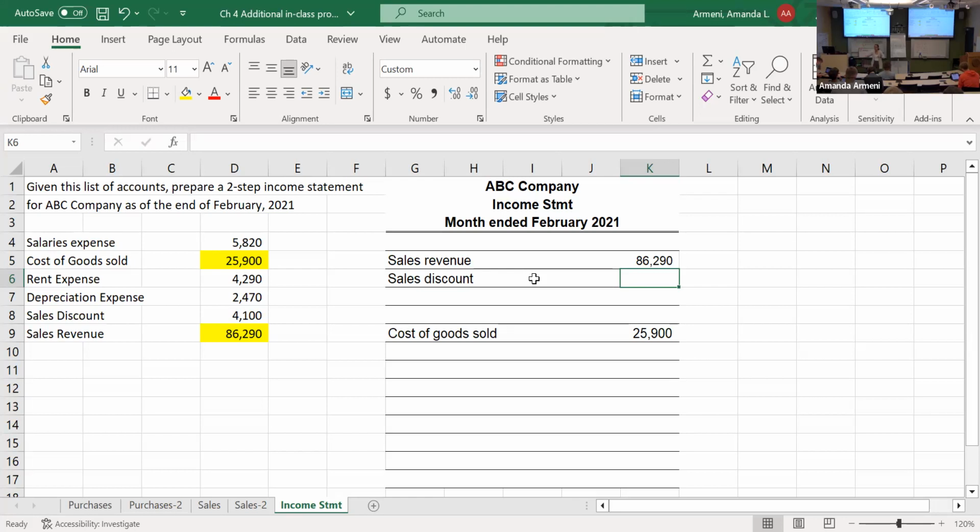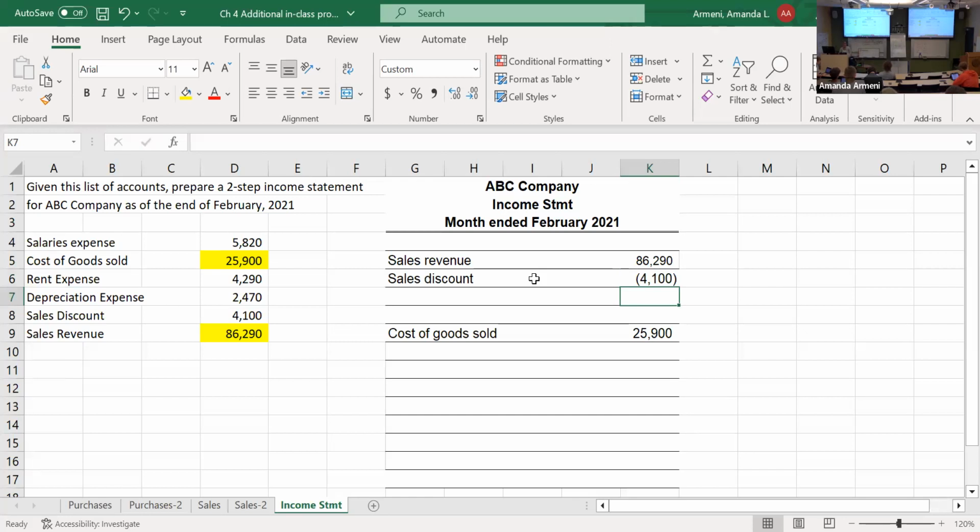If sales discount is a contra revenue account, it needs to go right next to the thing that it's contra to, sales revenue. And it would be a negative because it's decreasing. If we give a discount to a customer, that decreases our overall sale, just like when our assets depreciate, it decreases the value of our asset. So sales discount, negative 4,100, would come before the cost of goods sold.